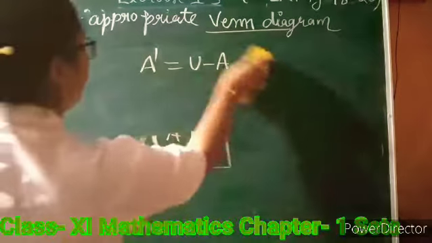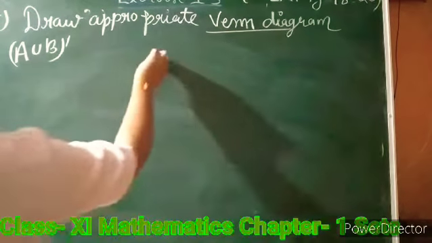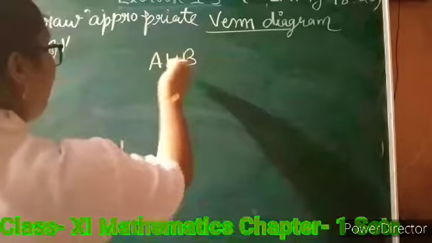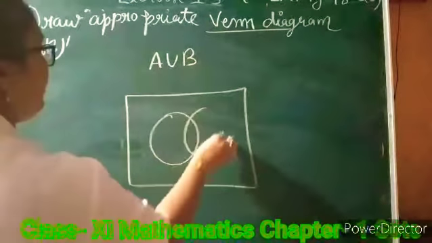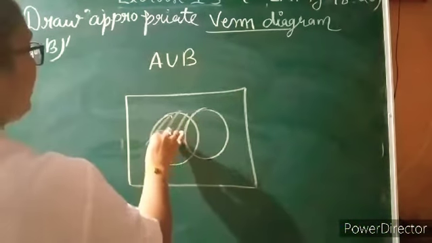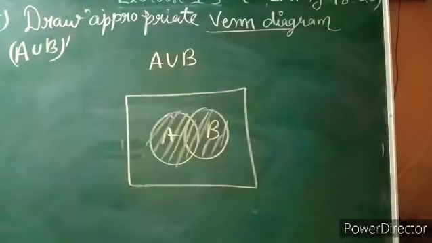And here they want to know the complement of set A union B. You see, if we want to draw a diagram of A union B, that means A and this B, that means all elements in this.